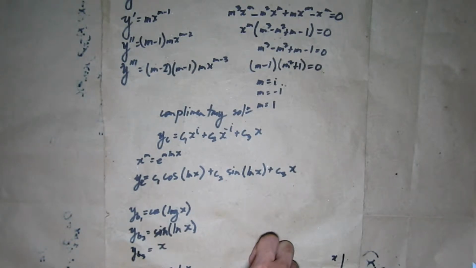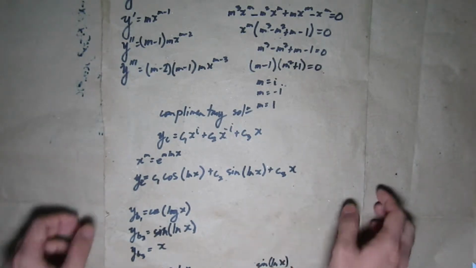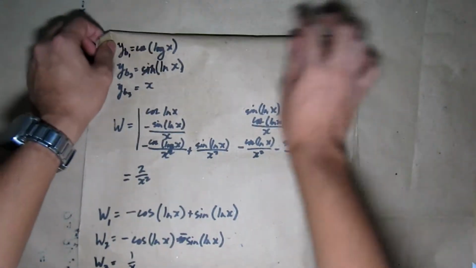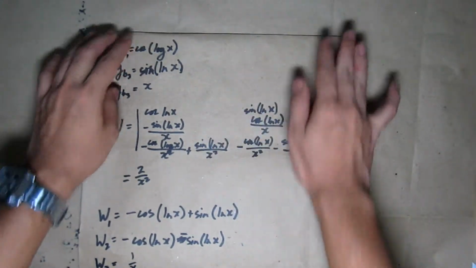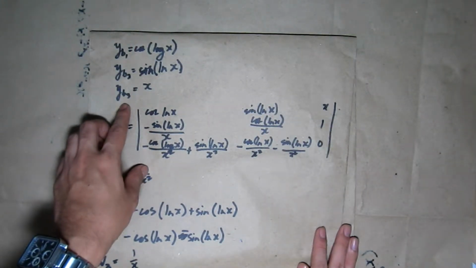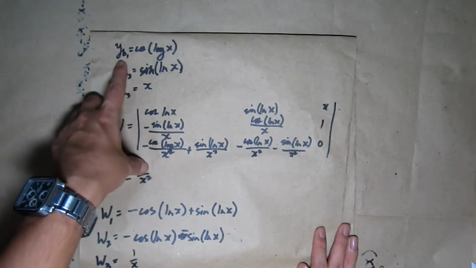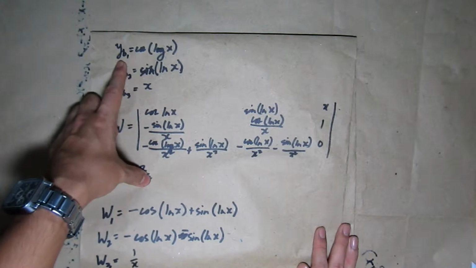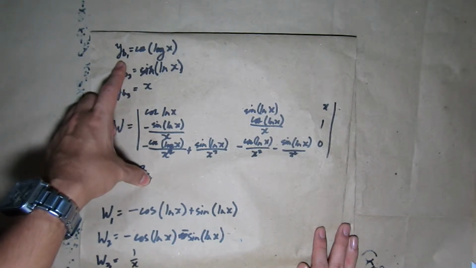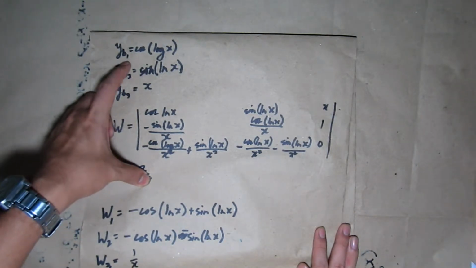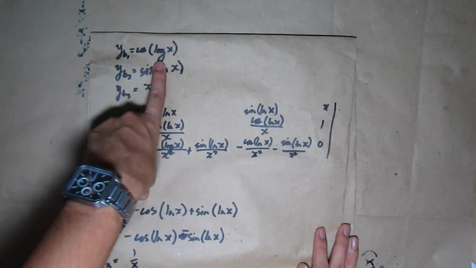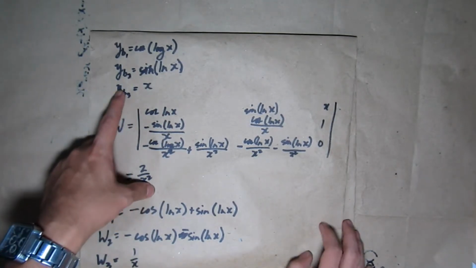Now, to solve for the particular solution, we list the solution basis of the complementary solution, which we express as y sub b. So we have y sub b sub 1 is equal to cosine of ln x, the natural log of x.